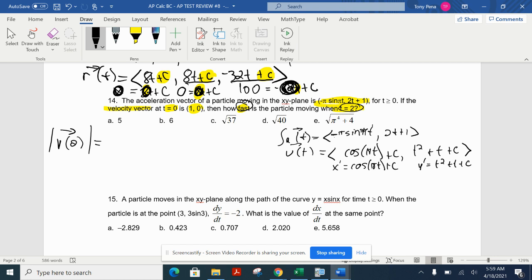What we are told, using this information right here because that's our velocity vector, is that at time 0, our horizontal rate of change was 1. So we do the cosine of pi times 0, which is 0. Cosine of 0 is a 1, equals 1. If I solve this for c, this c just ends up being a 0.